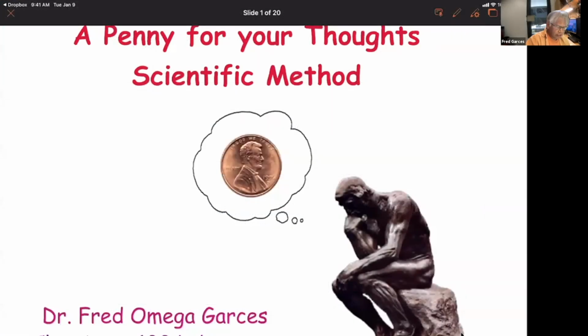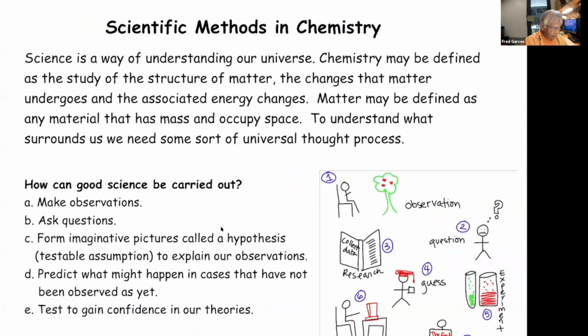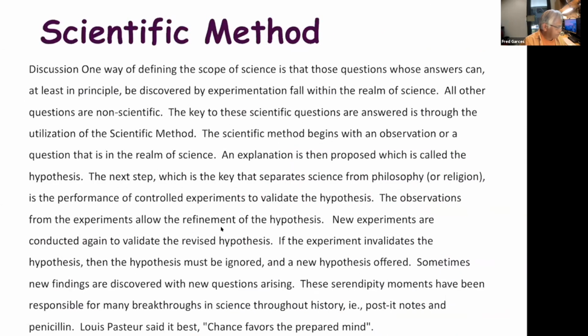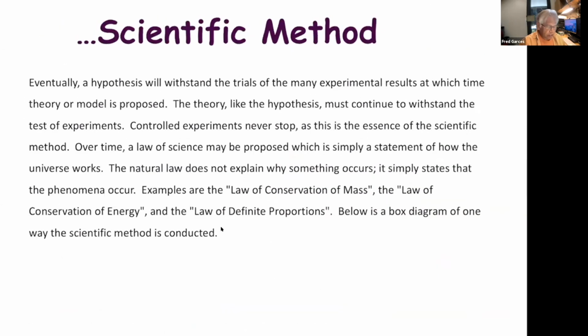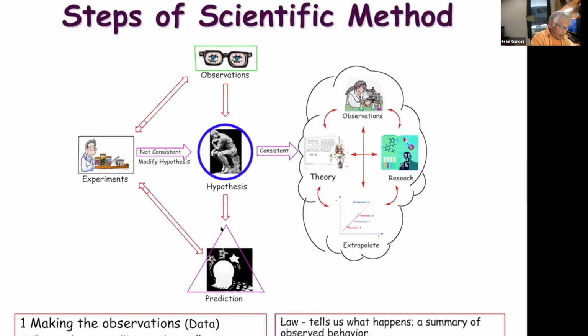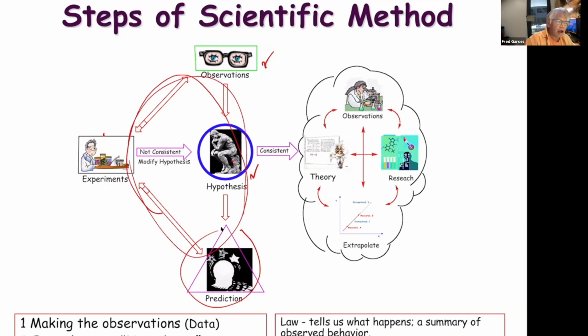So this is the PowerPoint that is available in Google Docs as well as in Canvas. Anyway, it talks about the scientific methods, the different parts of the scientific method, and that's because that's what this experiment's about. Okay, you have an observation right here, you have a hypothesis right here, you have a prediction of what's going to happen, you have your experiment, and then this keeps cycling until the hypothesis is really proven valid.